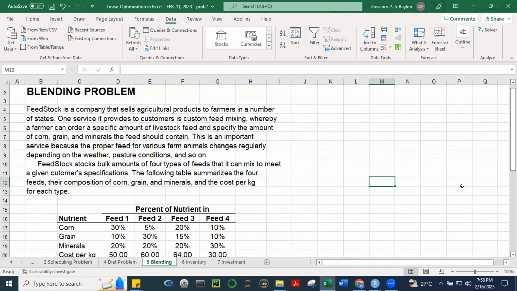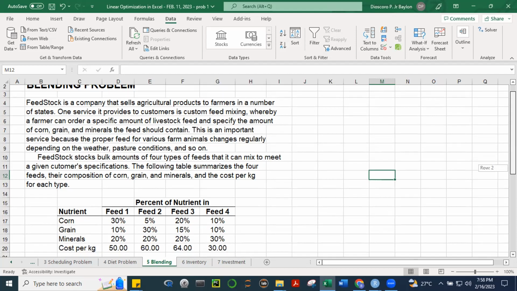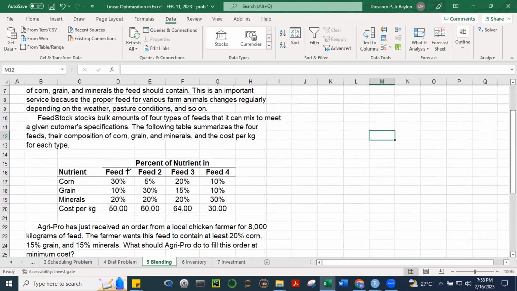Okay, LP is very much used in problems that involve mixing of ingredients, of chemicals, to come up with a particular blend of a product. So we have this case where this company, Feedstock, produces several types of feeds, 4 types of feeds. And each of the feeds has a certain percent of nutrients in it.